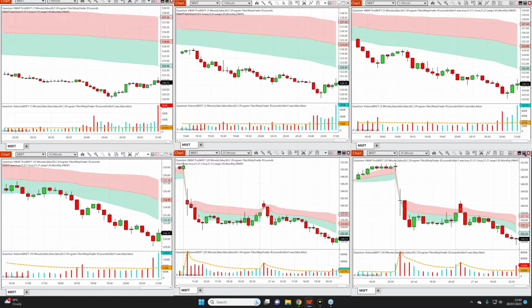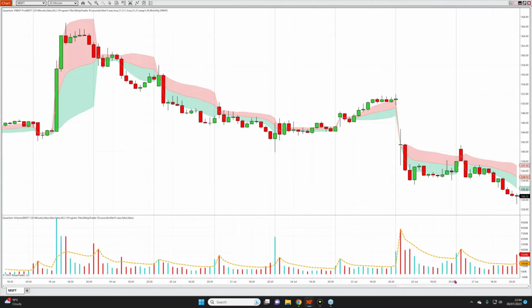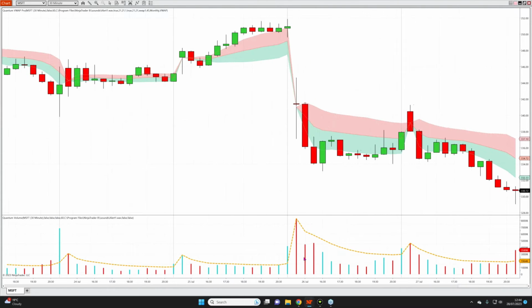Just enlarge that, and let's just pull that over. There we go. And remember, with the VWAP, it resets itself each time you start a new session. So as you can see here, it will reset, reset, reset here, and this was yesterday resetting to the new session on 30 minutes. And off we go to the downside.